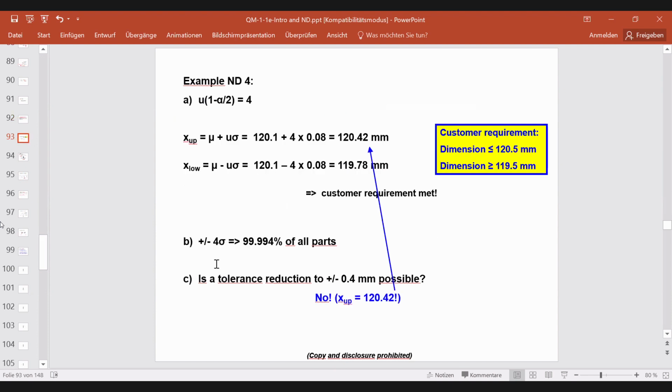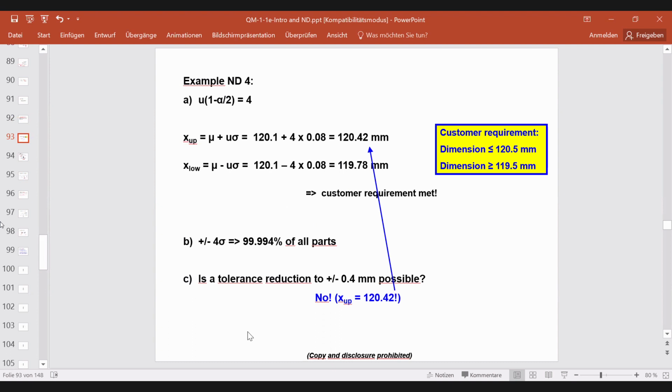This means plus minus 4 sigma means 99.994% of all the parts must be inside the specification limits. So between upper specification limit and lower specification limit.